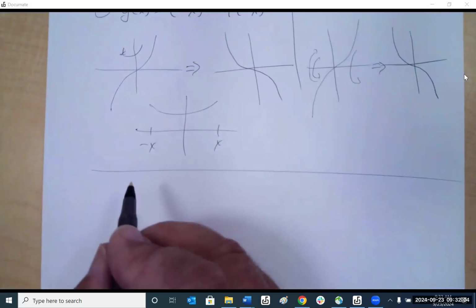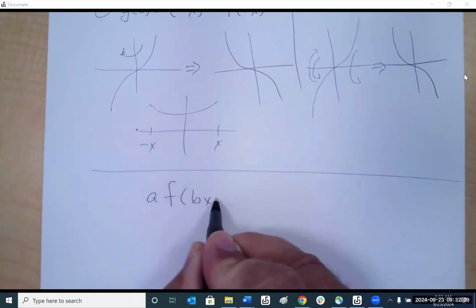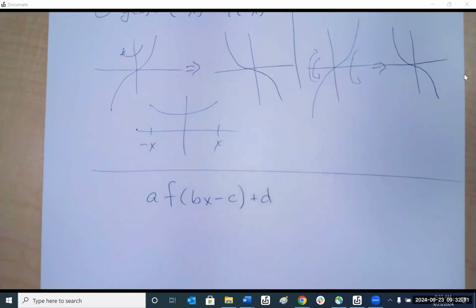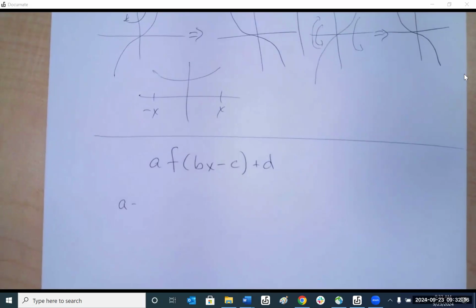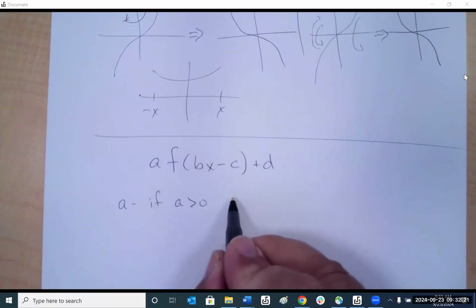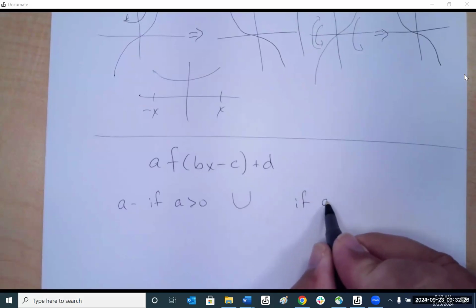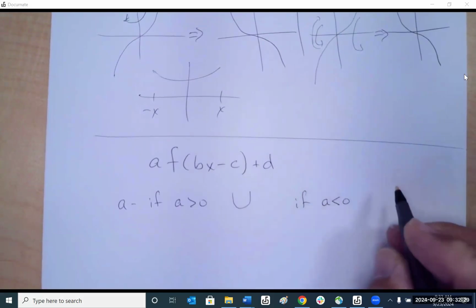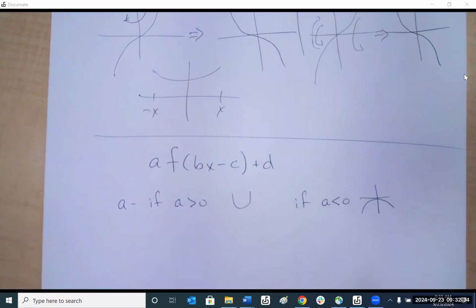So we can look at what we've done so far. Remember, we have a times f of bx minus c plus d. What does A do? If A is positive, it looks like this. If A is negative, then it looks like this. So it flips across the x-axis.